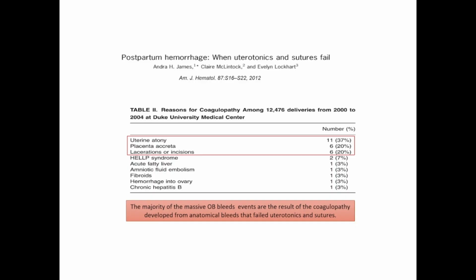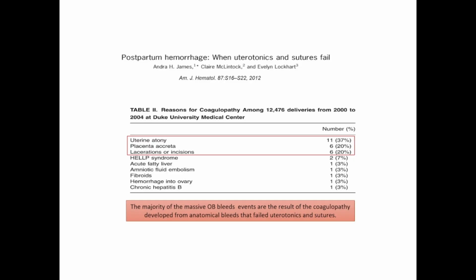In regards to postpartum hemorrhage, there has been a study that looked at coagulopathy in almost 13,000 deliveries over about 4 years at Duke Medical Center. The most common causes of postpartum hemorrhage, and of coagulopathy specifically, are anatomical bleeds that failed uterotonics or sutures.